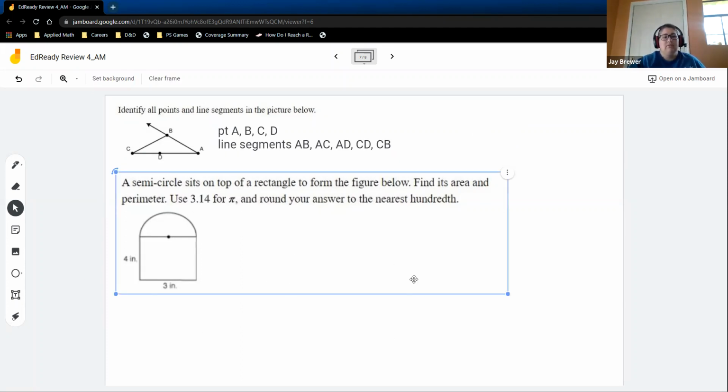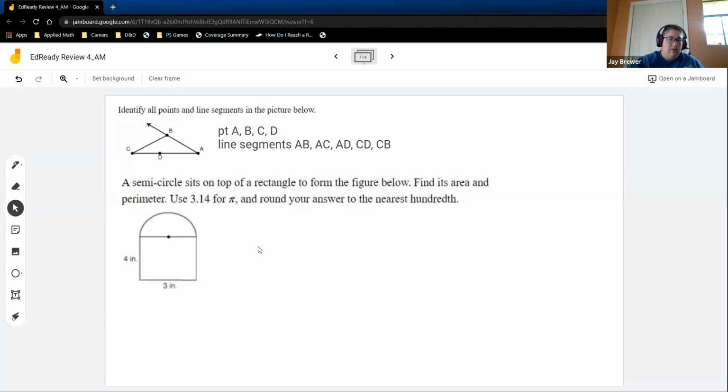This semicircle and square area and perimeter, that's the one that I said I did in another video. So basically what you want to do is you want to find the area for a half circle and add it to the area of the square, and you'll add those together. And then the perimeter, it's half the circumference plus the perimeter of the square.